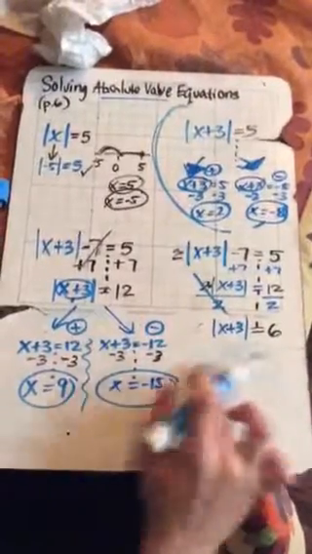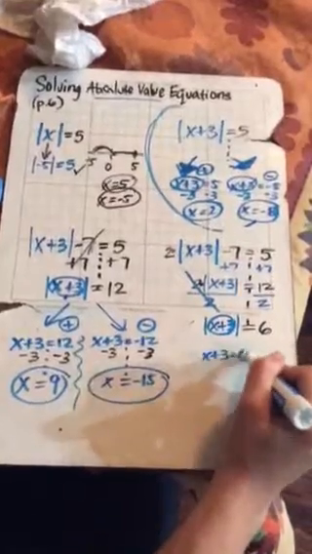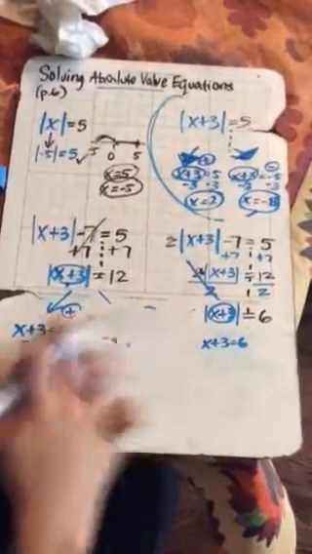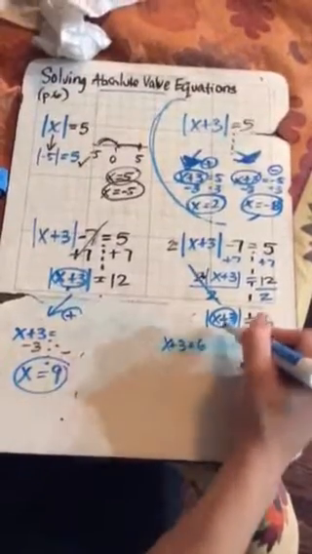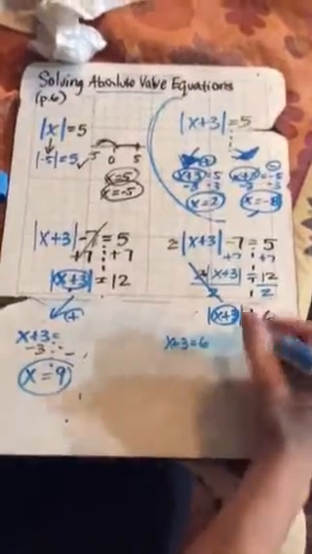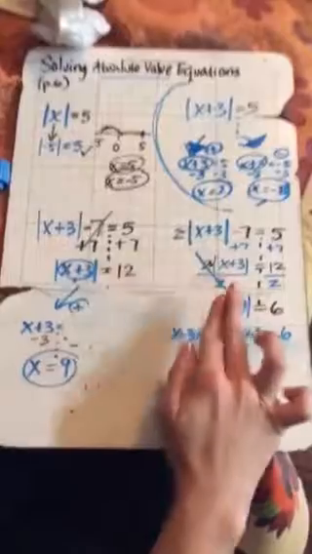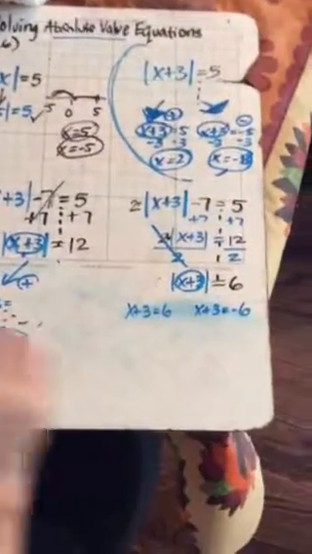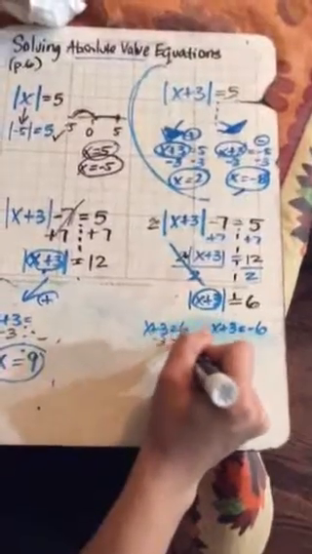All of this could be 6. The absolute value of 6 is 6. Or all of that could be negative 6. The distance from negative 6 to 0 is 6. So we have our 2 different equations, so we'll be able to get our 2 different solutions.